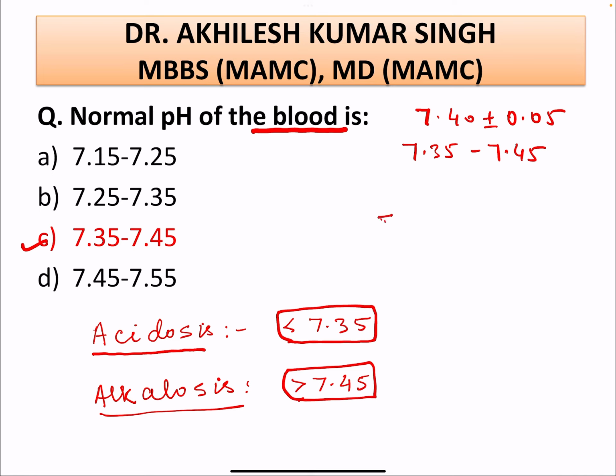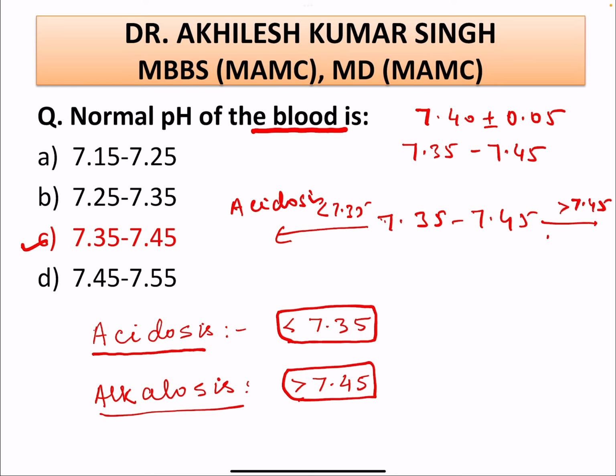Normal pH is 7.35 to 7.45. If the pH is less than 7.35, it is called acidosis, and if the pH is more than 7.45, it is called alkalosis. So remember these two terms, acidosis and alkalosis.